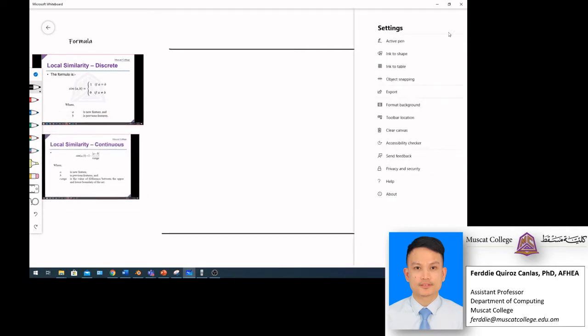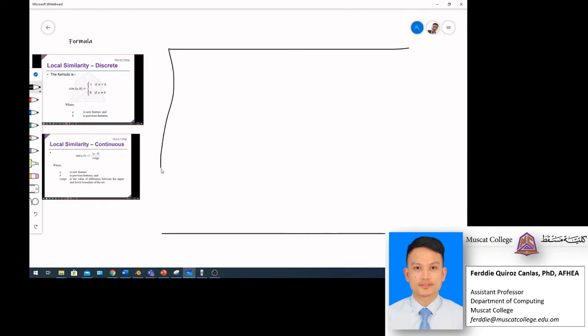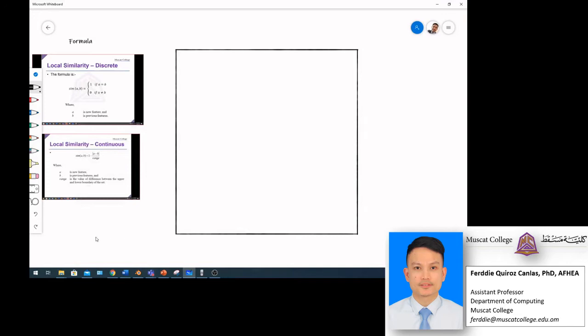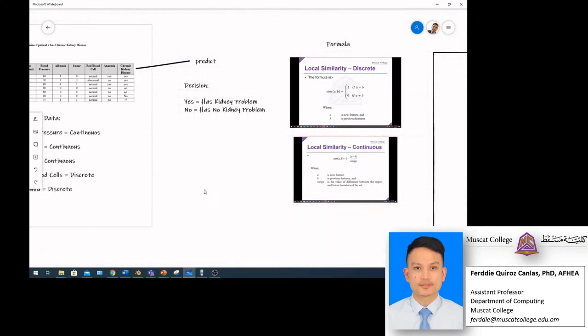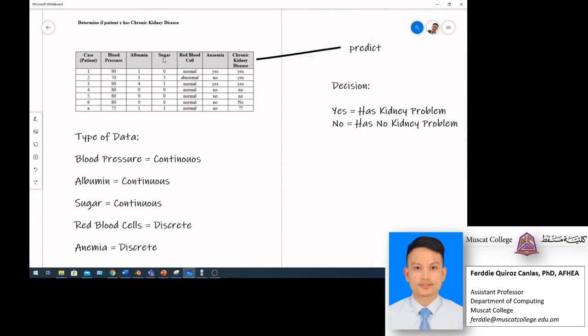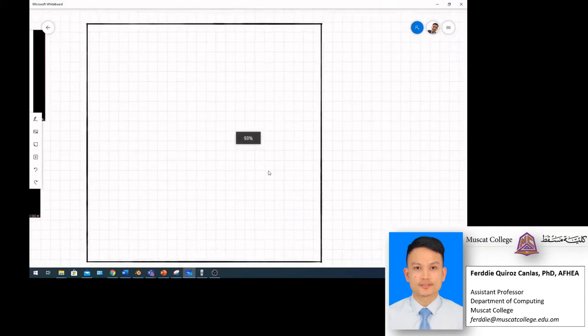So we need how many? As I've told you, 7 by 8, right? So we have to count this. 1, 2, 3, 4, 5, 6, 7, and 8 here. 7 by 8. 7 columns and 8 rows. So let's go back with this.